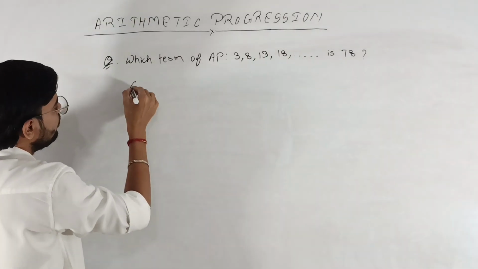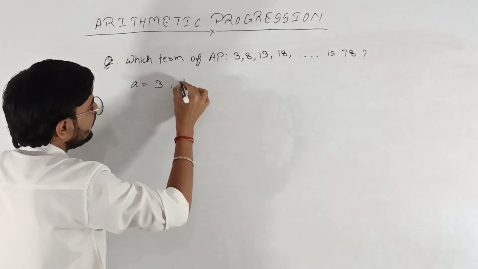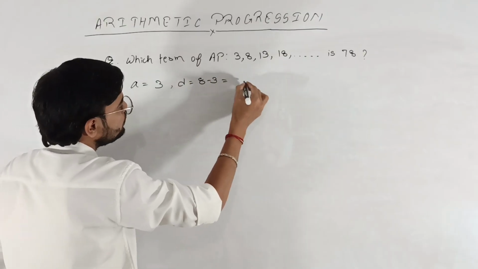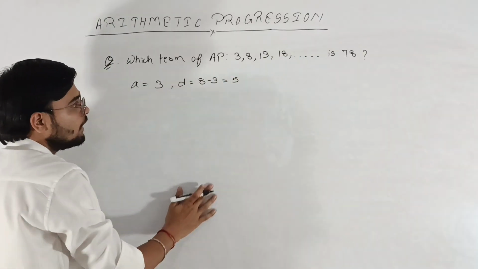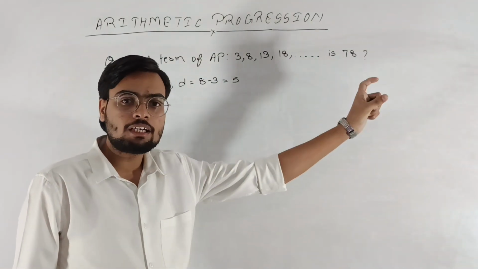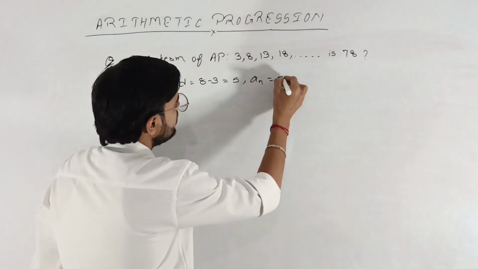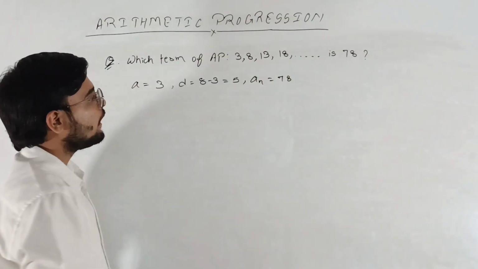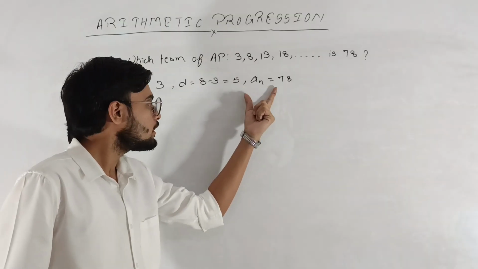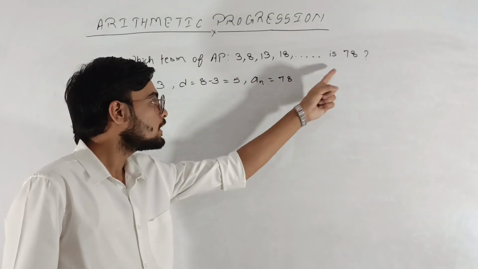From this AP the first term is 3, and the common difference is 8 minus 3, which is 5. This 78 is our nth term, an. We have to find n, that is, which term of the AP is 78.